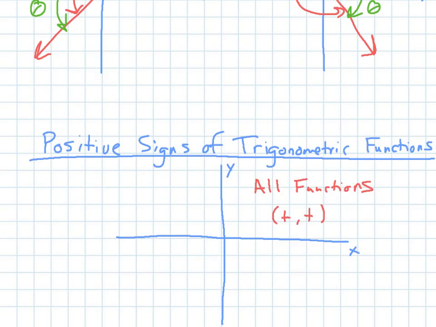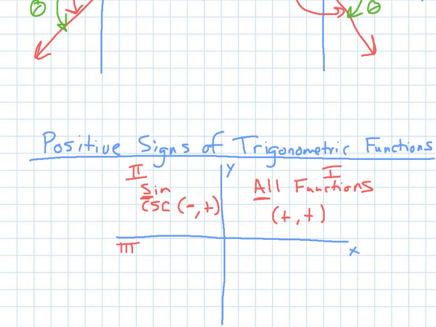In the second quadrant, just sine and cosecant are positive. All other functions are negative, because your x value is negative and your y value is positive. Sine and cosecant are reciprocals of the y value, so they're positive and the other ones are not.